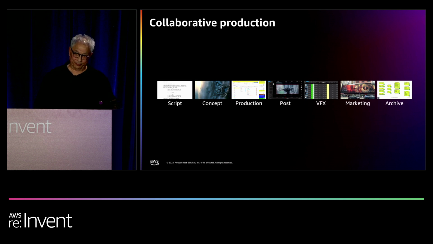Collaborative production. Something unique has happened in the film business, and partly it's the great goodness of digital media. We have digital media stored in ways that are built behind silos for protection, for security, for various reasons.